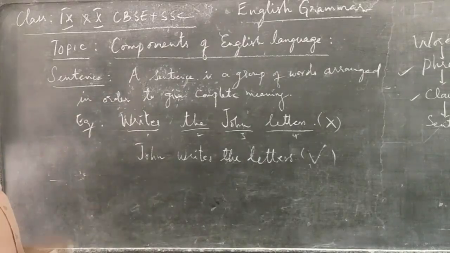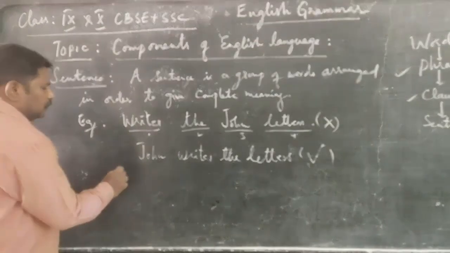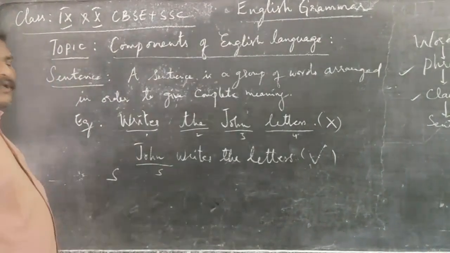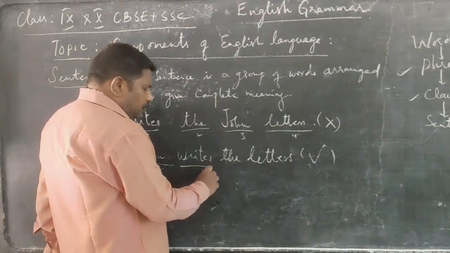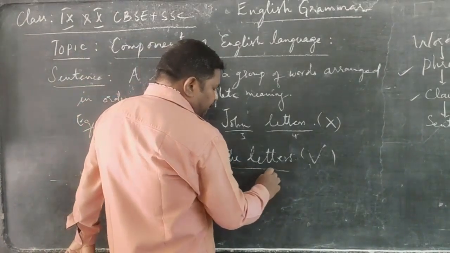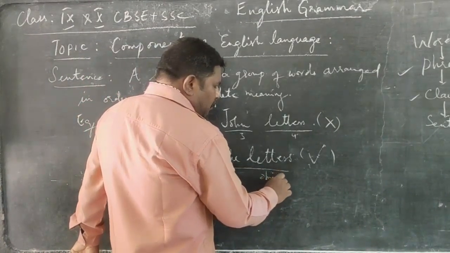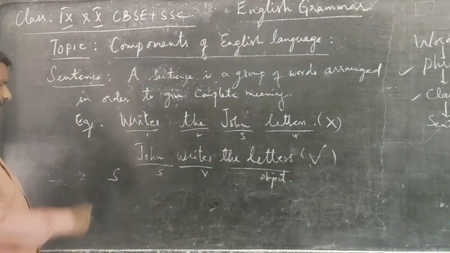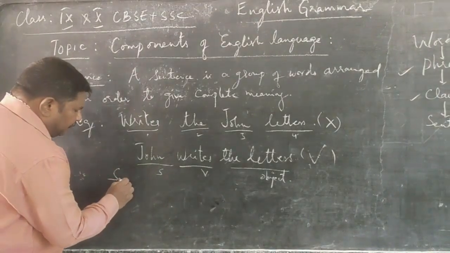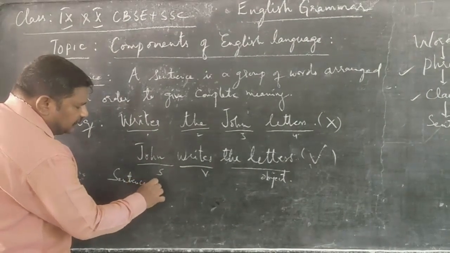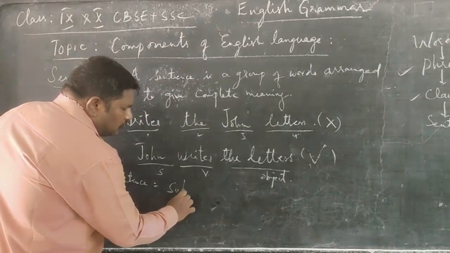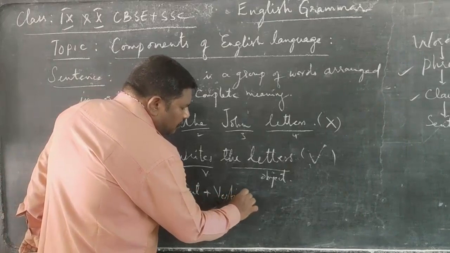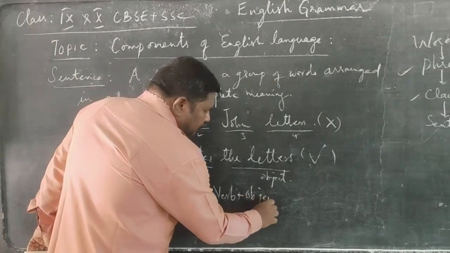If you talk about the structure of the sentence, a sentence is nothing but a combination of subject, verb and object. Then it forms a sentence. Now I am writing the structure of the sentence. A sentence is equal to subject plus verb plus object.